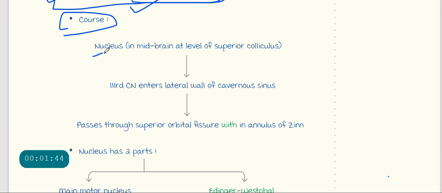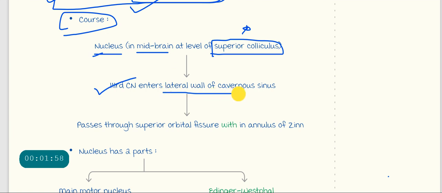The nucleus is present in the midbrain at the level of the superior colliculus. Okay, very important anatomical point of view. Now the third cranial nerve enters the lateral wall of the cavernous sinus. Okay, from the midbrain at the level of superior colliculus, it enters the lateral wall of the cavernous sinus.